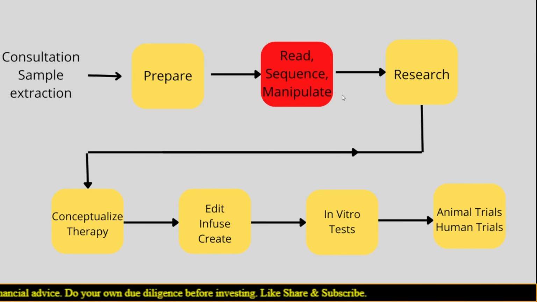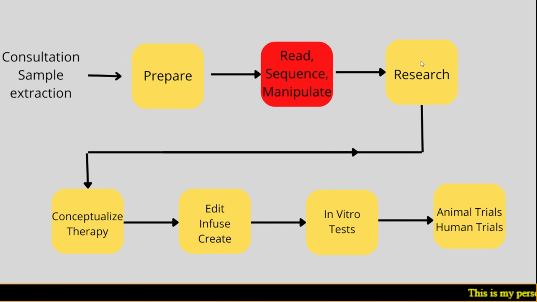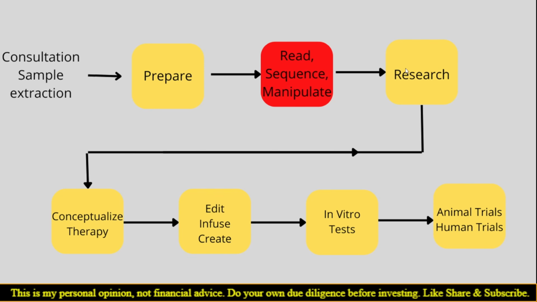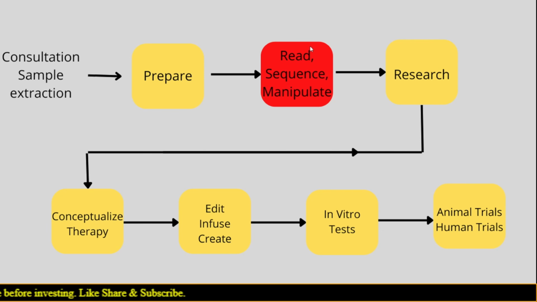So having done the sequencing, reading, manipulating, you continue doing the research and try to identify patterns, try to identify where the defect is, and associate a defect with a particular syndrome or a particular disease, and then set up the target and identify based on reading of the normal human genome what correction needs to happen.